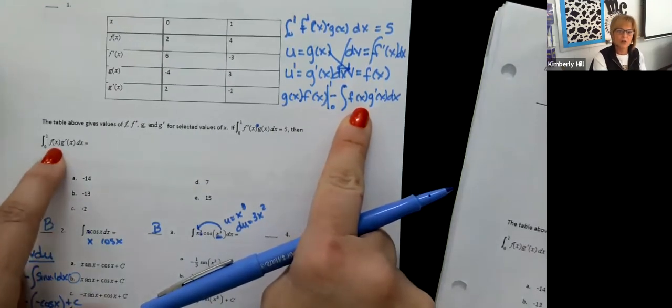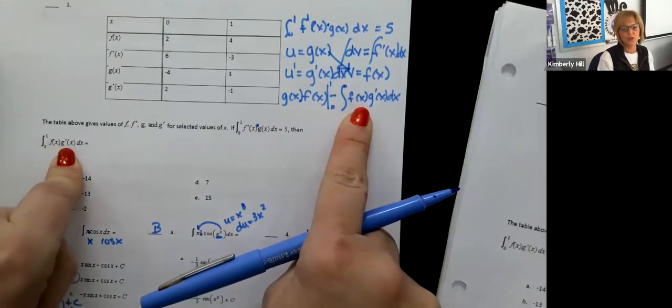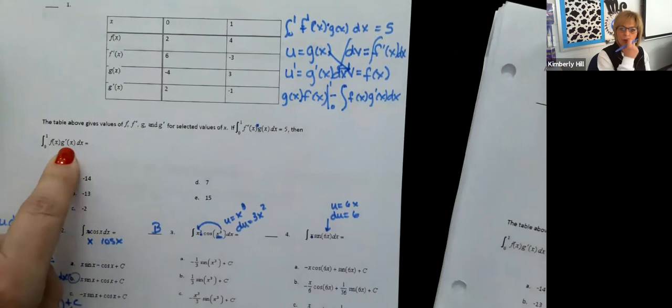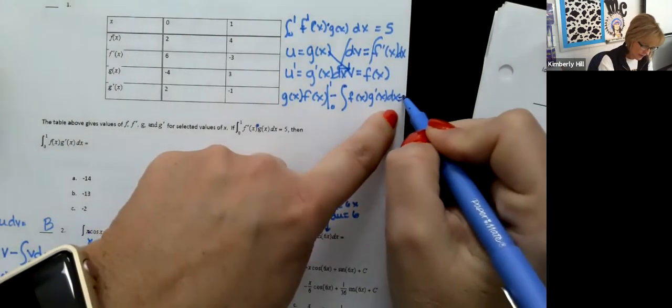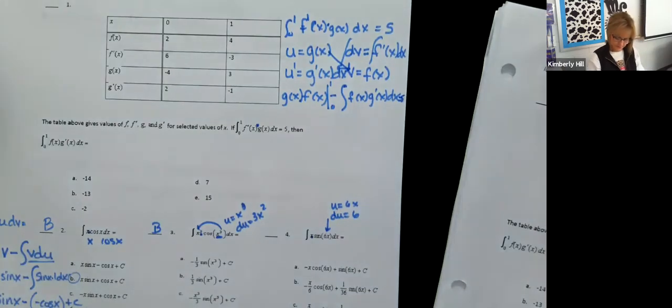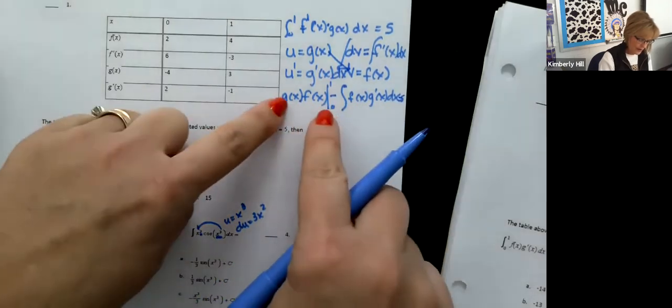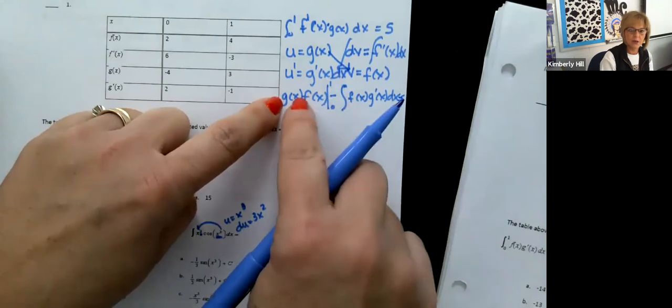But look at what I'm trying to find. That's one thing they will do, is they will want you to find a piece of it, or the next step kind of thing. So I know this is equal to 5. I can go ahead and work this out. If I am evaluating from 0 to 1, I'm going to sub in 1.